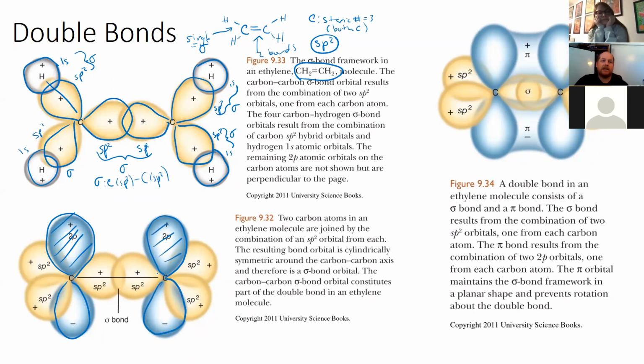So as these carbon atoms are brought closer together, you start to get to a picture that looks more like this, up in the top right corner, where the overlap between these orbitals is above and below the bonding axis, where the bonding axis is right there. That's what we're going to call a pi bond.